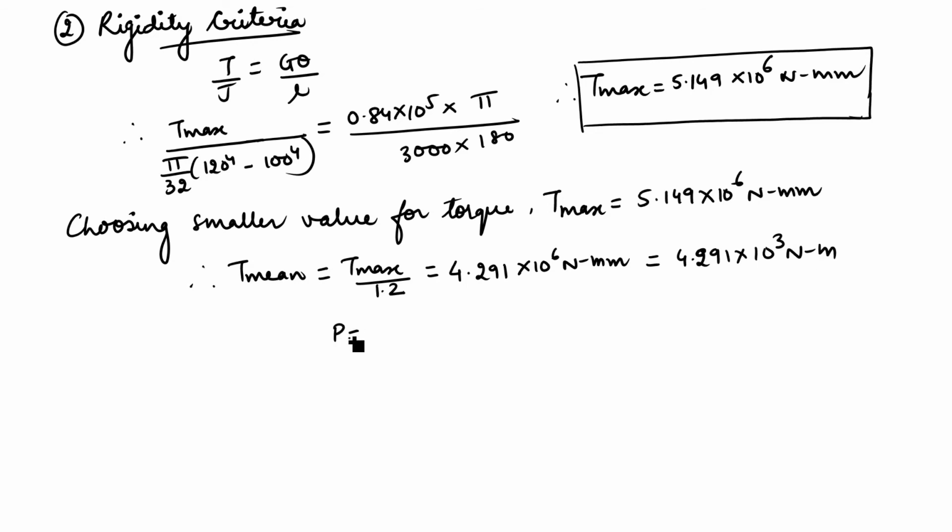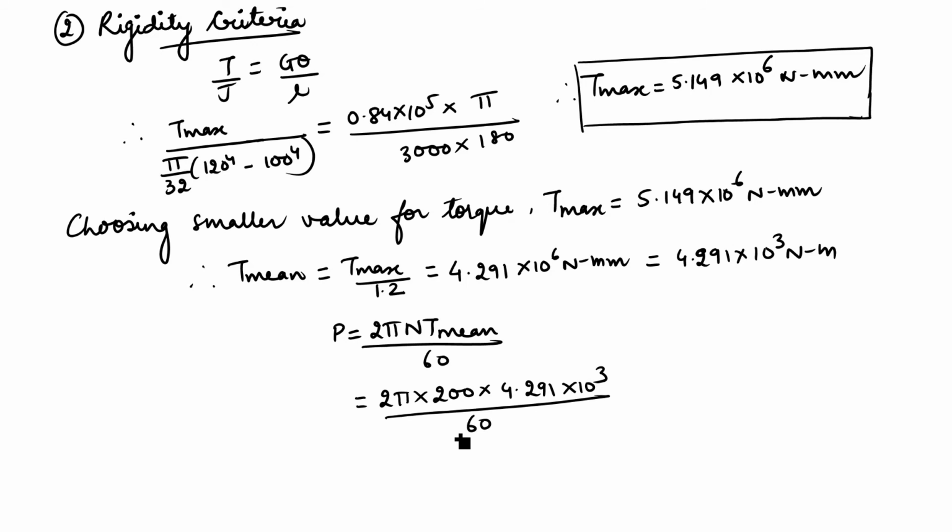So let's talk about P, which is 2 pi n T mean upon 60. That is 2 pi n is 200, 4.291 into 10 raised to 3 upon 60. This makes it to 89.88 kilowatt.